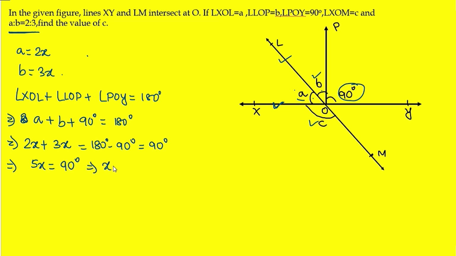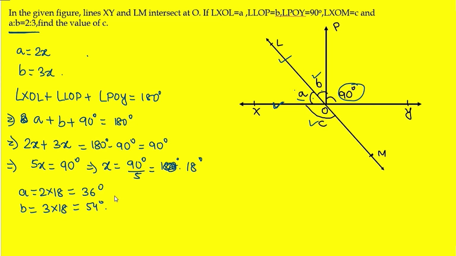Okay, so x is 90 degree by 5, that is 18 degree. Okay, now if you see, A is how much? 2 into 18, that is 36 degree, and B is how much? 3 into 18, that is 54 degree.